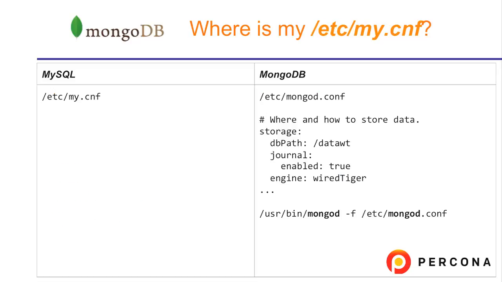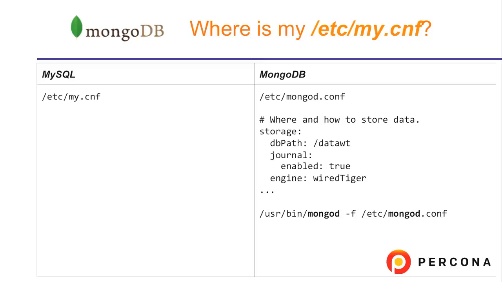Now, I usually like to start with this. Where is my configuration file, right? And MongoDB has a very similar concept. There is a mongod.conf. If you look at that, this is a different format. This is not the format that we use for MySQL.